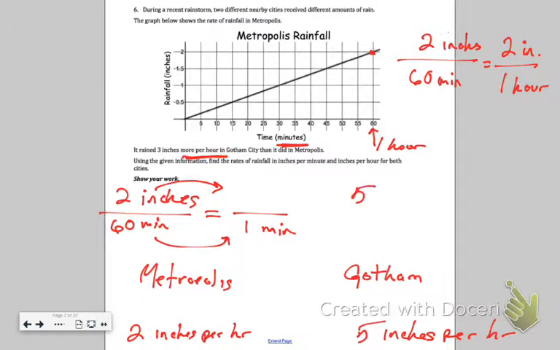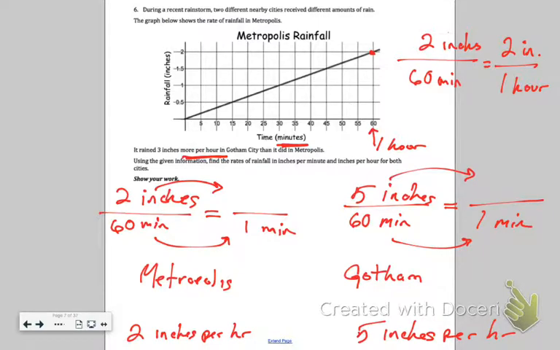I know it goes 5 inches in 60 minutes because it was 5 inches per hour. I want to again figure out how to scale that down to 1 minute. Put it in your packet, and that would be your answer for the inches per minute. Your answer for those will be a fraction.